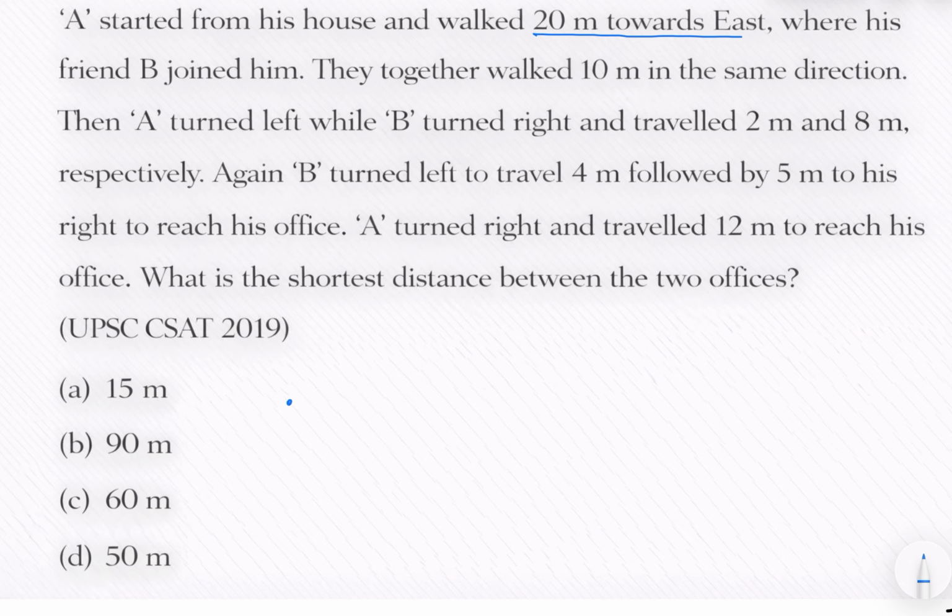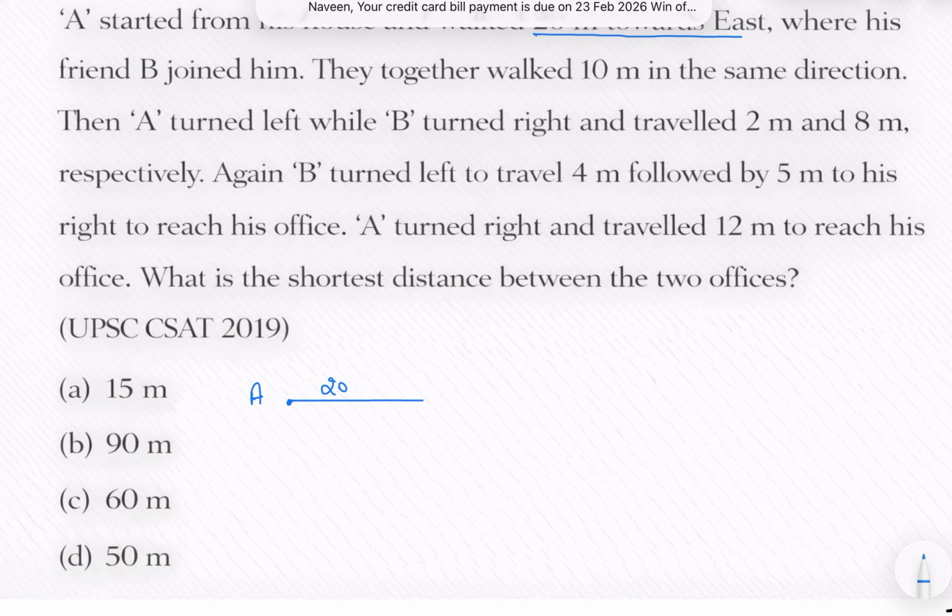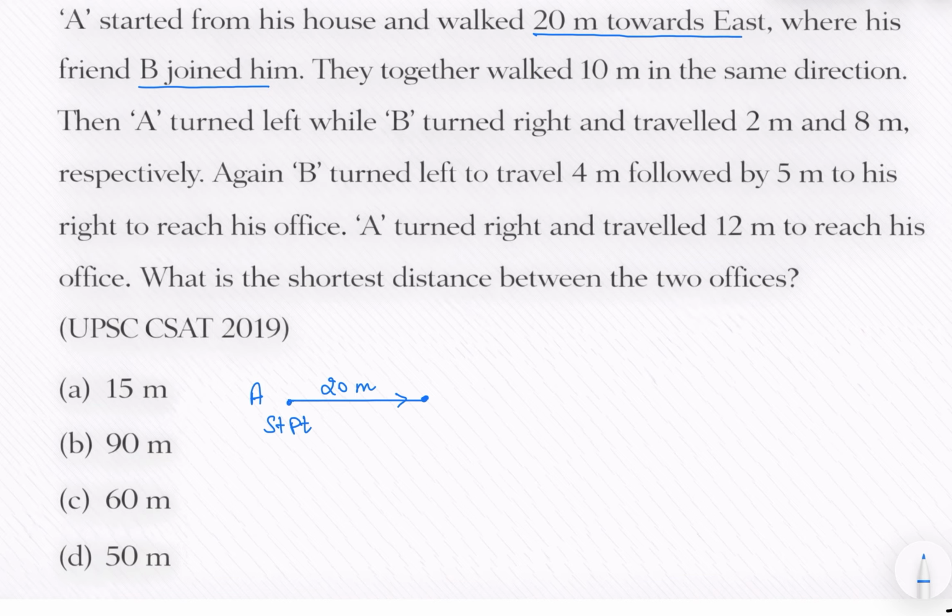A started at this point and walks 20 meters, where he joined B. At this point he joined B. This is the starting point of A. After 20 meters he walked and joined B. They walk together 10 meters.